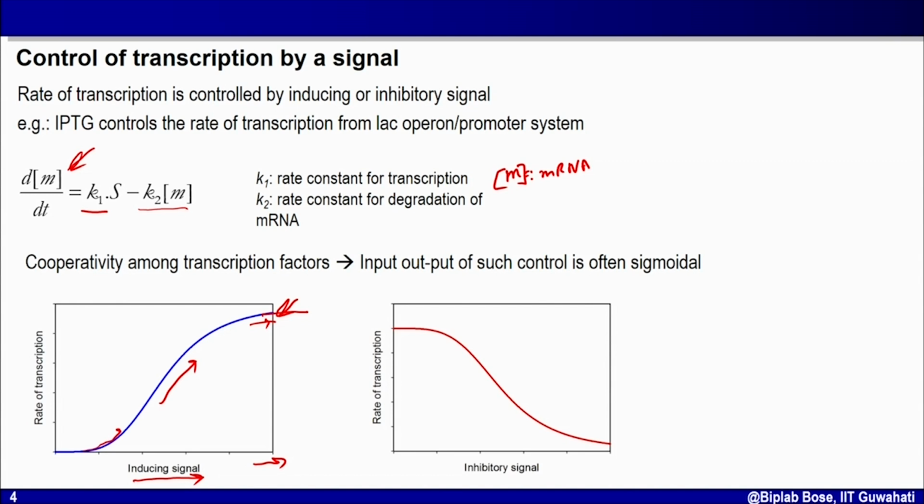Similar behavior has been observed for many transcription factors which go and inhibit transcription of a particular gene, where if you increase the inhibitory signal, the rate of transcription does not decrease linearly, rather non-linearly in an S-shaped sigmoidal fashion, and it is just the reverse of the previous one. So that means I have a non-linear relation between signal S and the rate of transcription. It is now well understood that in many cases this non-linear relation, this sigmoidal behavior, arises because transcription factors work with cooperativity.